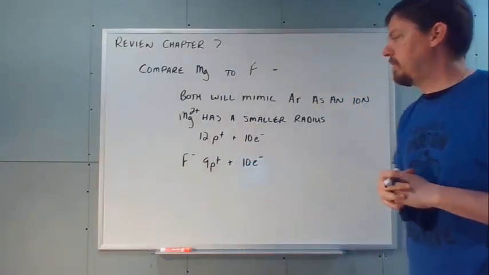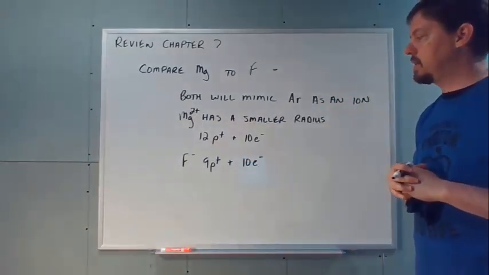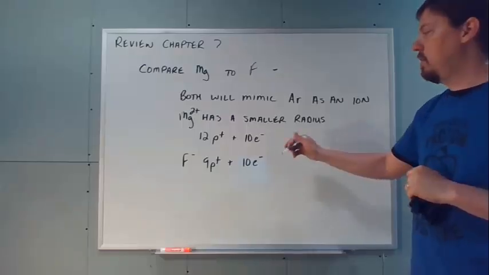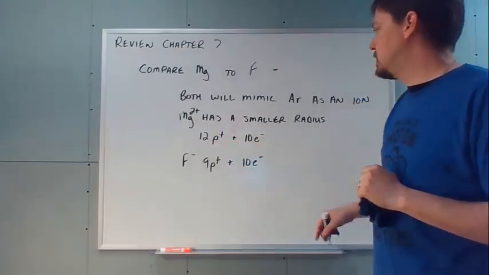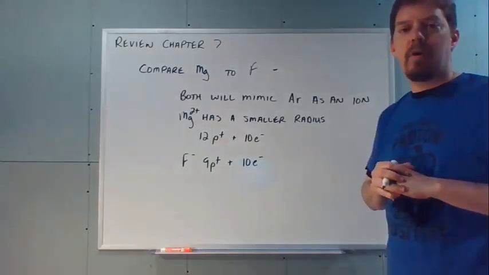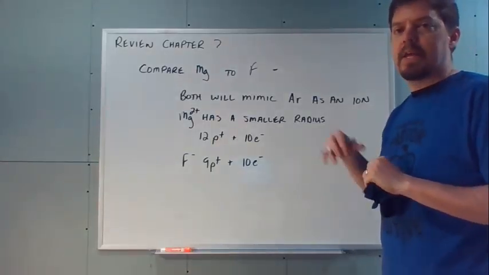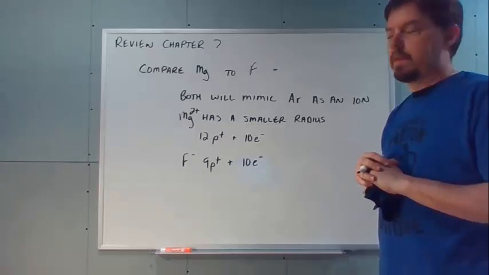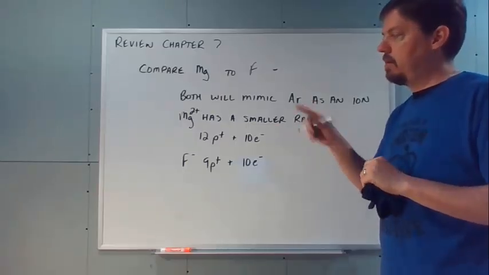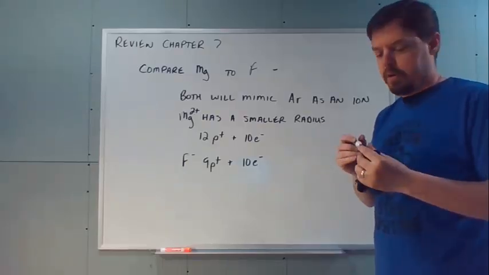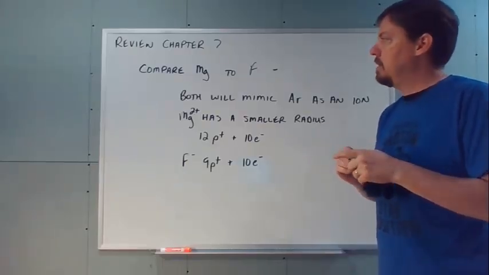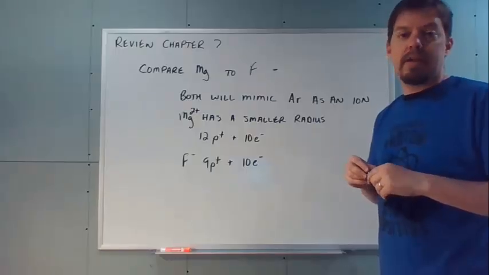So you can see the effective nuclear charge for magnesium is going to end up being much higher because it has more protons. So this is going to end up making the magnesium smaller as an ion than the fluoride ion will be. Okay, so that's the way you compare elements if they're in different rows with each other to figure out which one is going to have the bigger or smaller ionic radius.